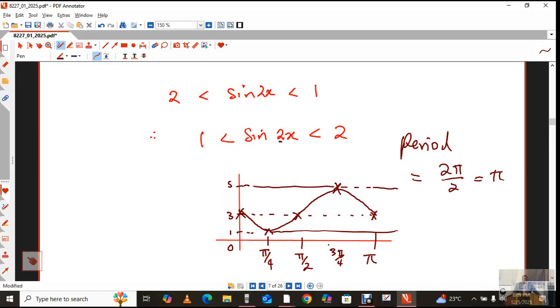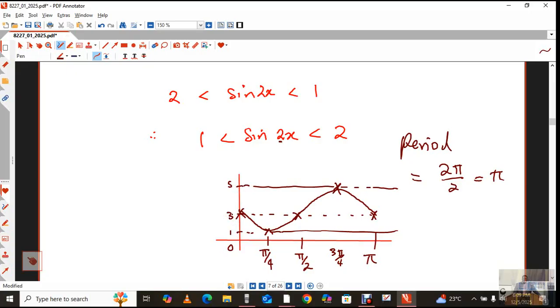So for you to know where this graph is going to oscillate between, it has to be 2 units from 3, so you go all the way up there, all right? It has to be 2. It's exactly the same units there, so it's going to be between 1 and 2.